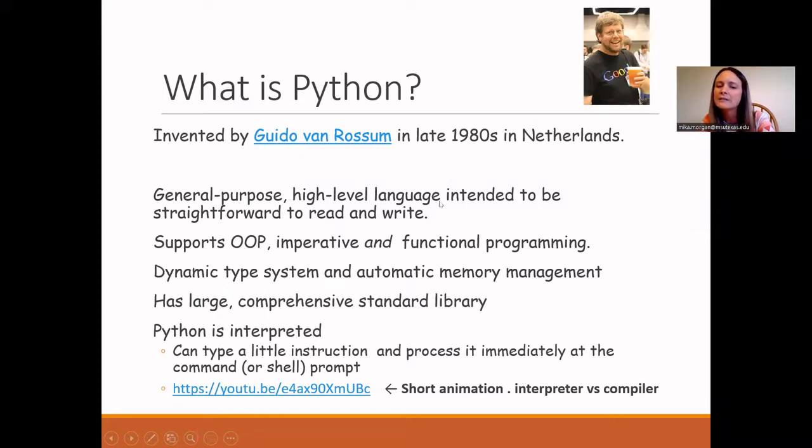A high-level programming language means it's kind of more like English. The words that it can read and understand are going to be closer to what we as humans would understand. That is in contrast to a low-level language, which would be written in a way that would be easier for the computer to understand.